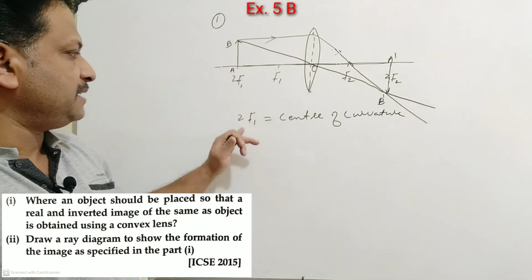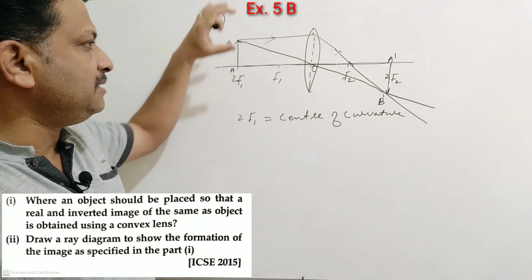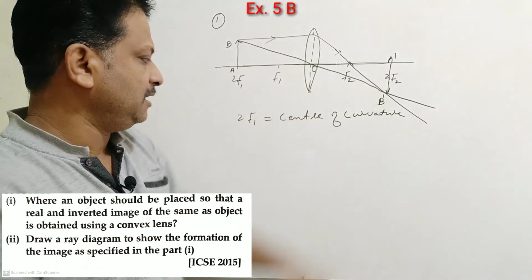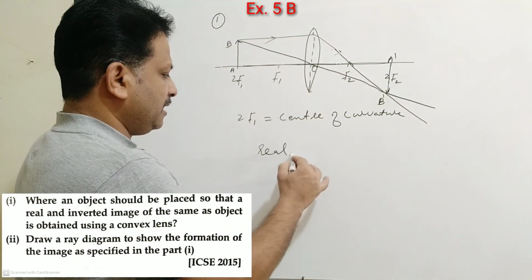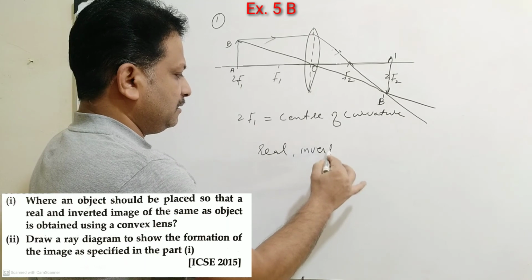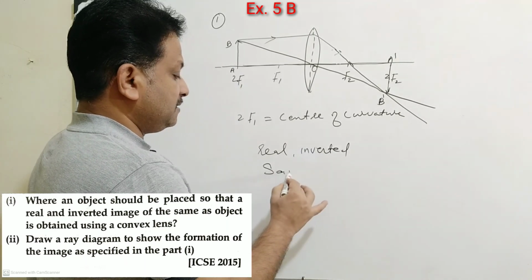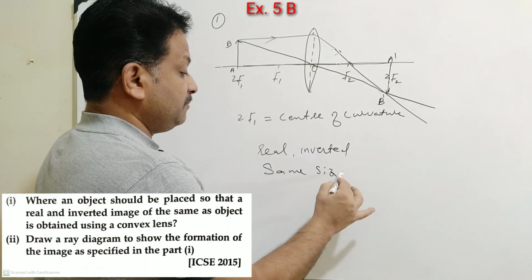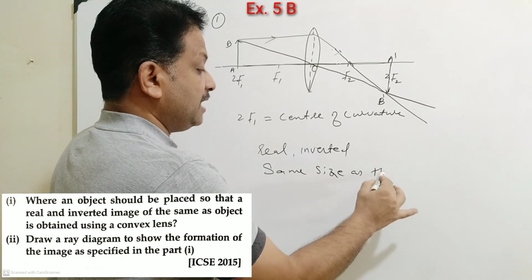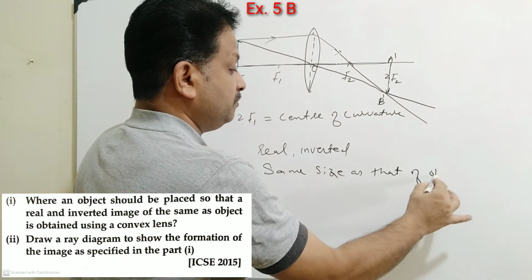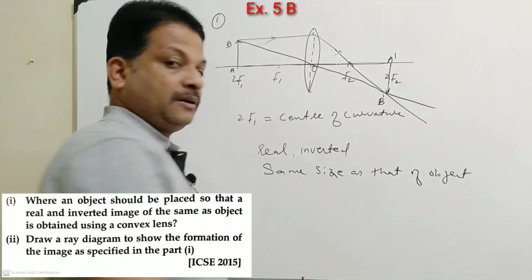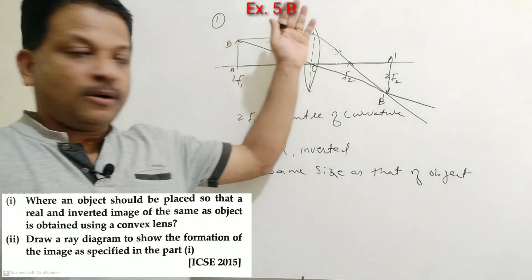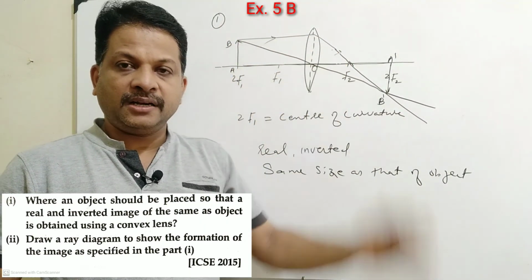So when the object is placed at the center of curvature, we get the image real, inverted, same size as that of the object. So you got it? The points are clear to you?